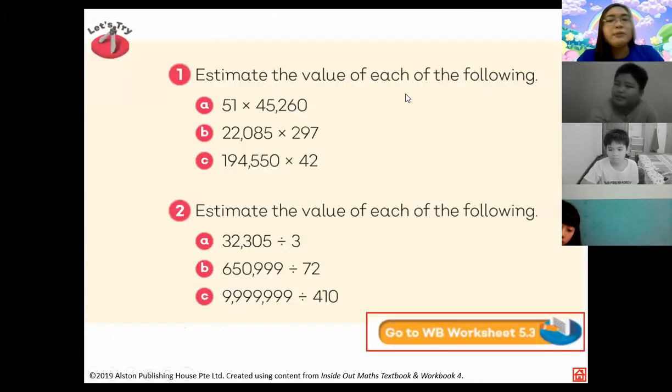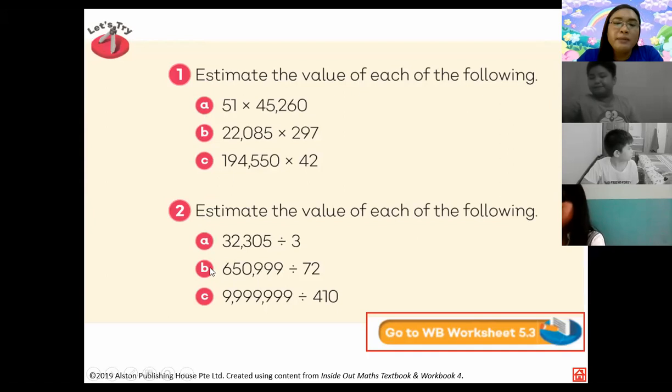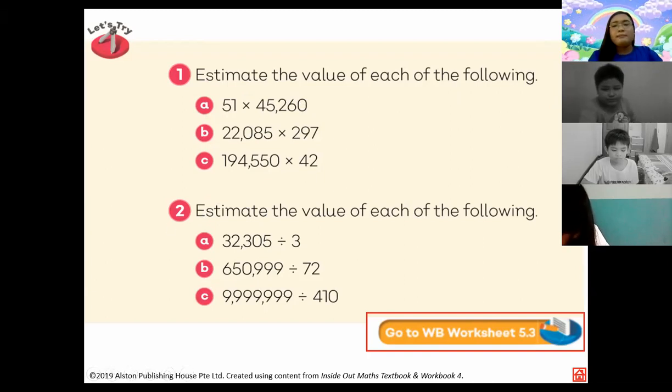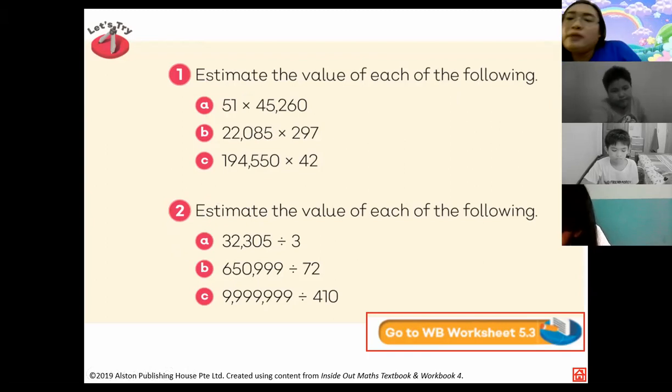Now let's try to answer this one. Number 1 and number 2. For number 1, we have A, B, and C. And number 2, we have A, B, and C. So for number 1, estimate the value of each of the following. For number 1, we have multiplication. And for number 2, we have division. Just let me know if you are done, okay?